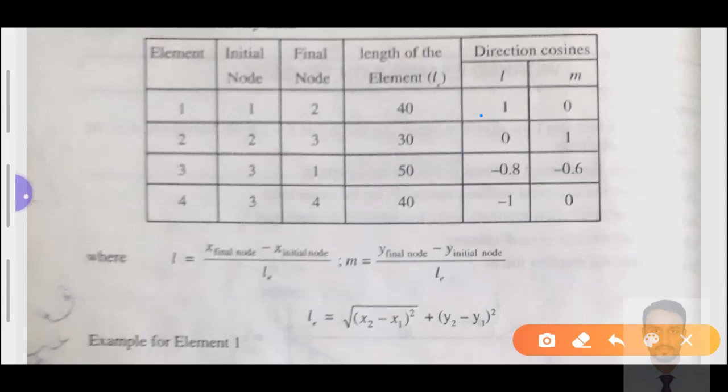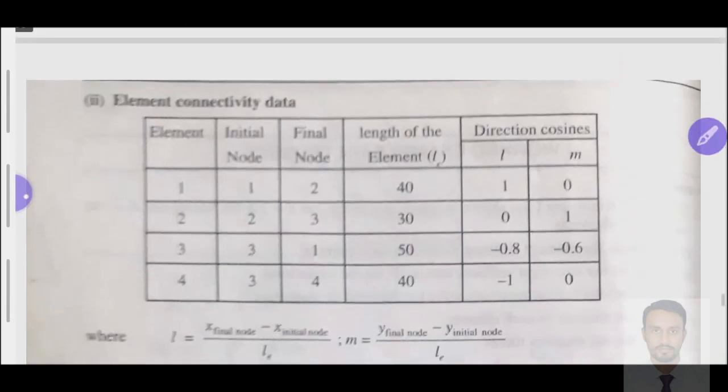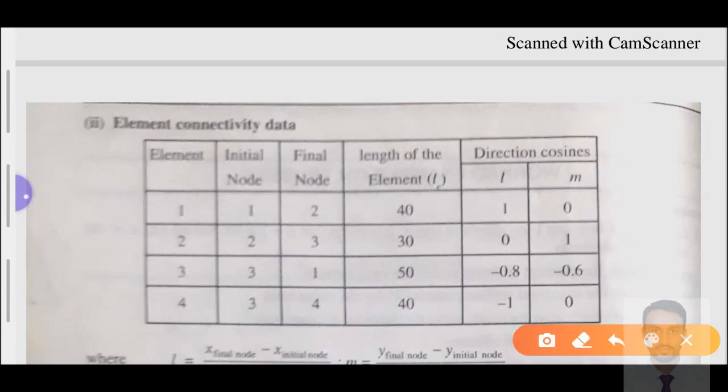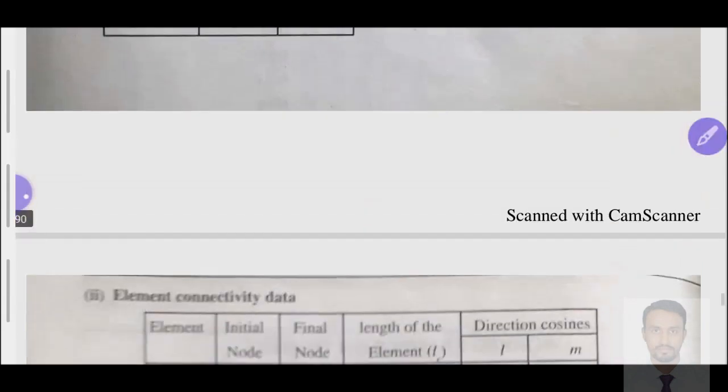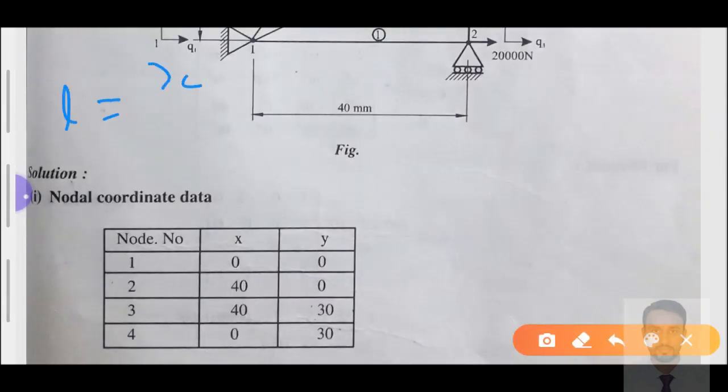Then we need to find out the direction cosine. Similar to the previous procedure, the direction cosine L equals the final node value of x minus the initial node value, divided by LE. So how do we find this? For element number 1, L equals (x final minus x initial) divided by L1.